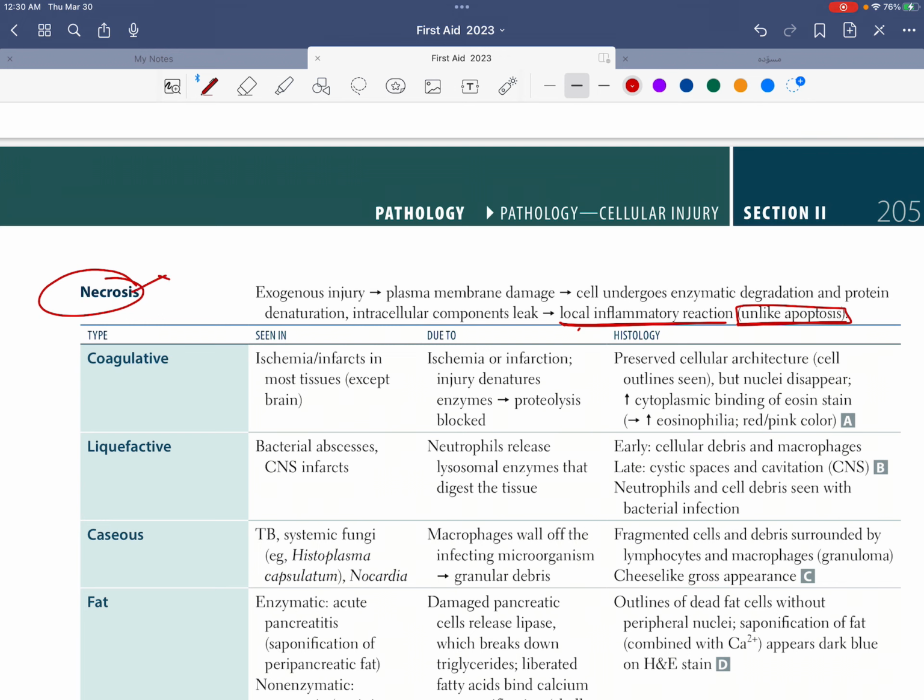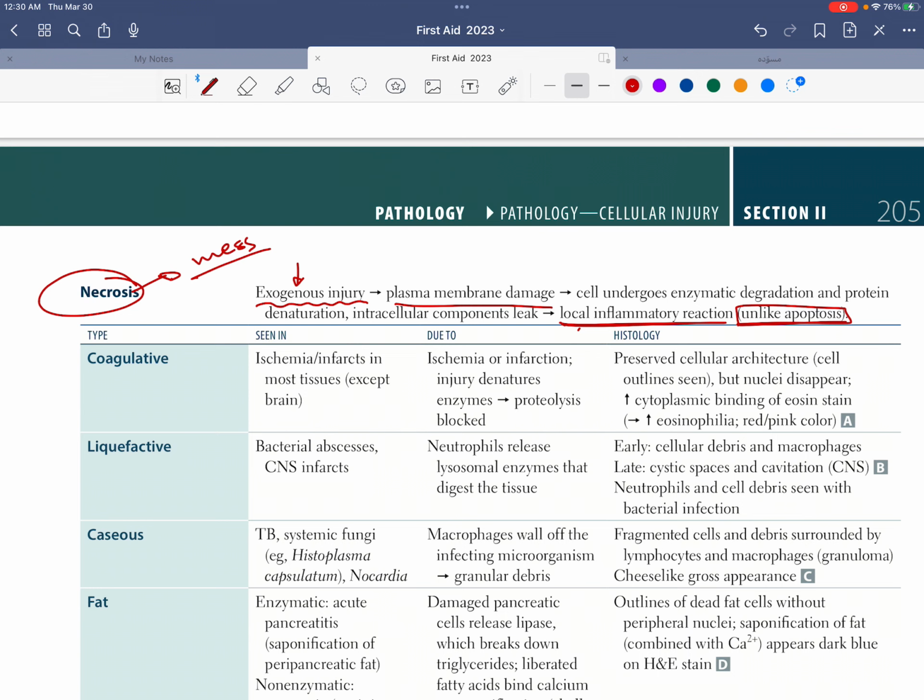Necrosis ends up with a lot of mess. It's not contained, it's not clean, it's just something that we didn't think about too much. Mainly it happens because of exogenous injury, because if it was within the body, then it would be apoptosis, because we're controlling everything. But if we have some exogenous signal, then it would lead to plasma membrane damage.